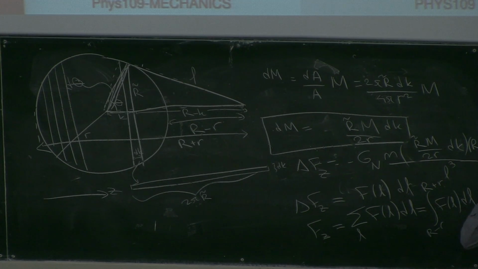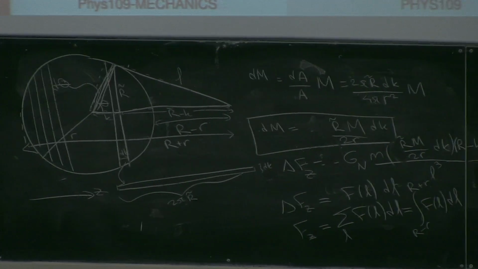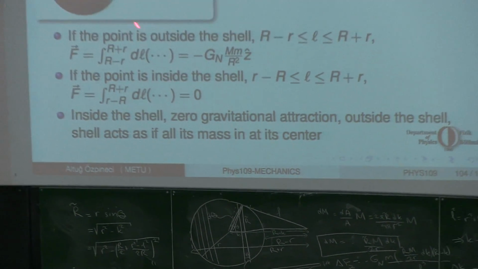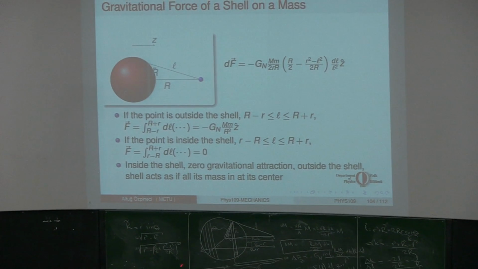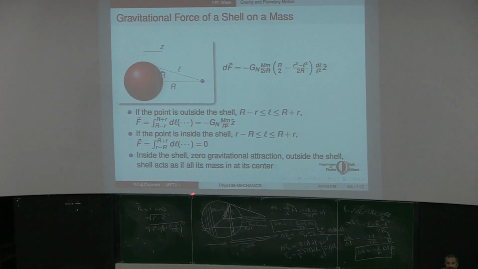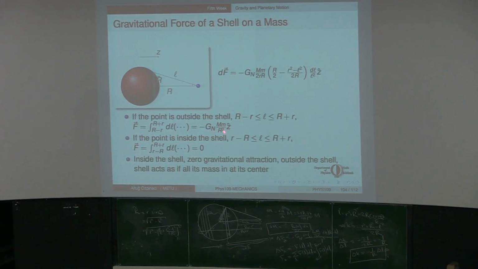This is the value I have. Now, this is for out of the ring. So if you are out of the ring, L goes from capital R minus small r to capital R plus small r, which will give you this answer. You have all these complicated expressions, but if you are able to evaluate that integral, this is what you will get.